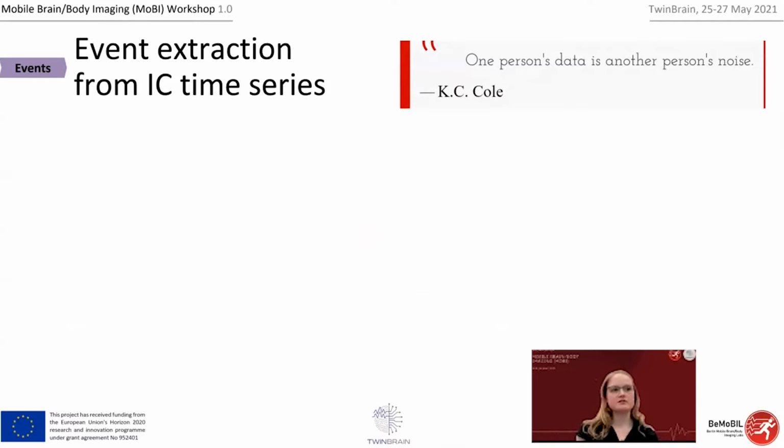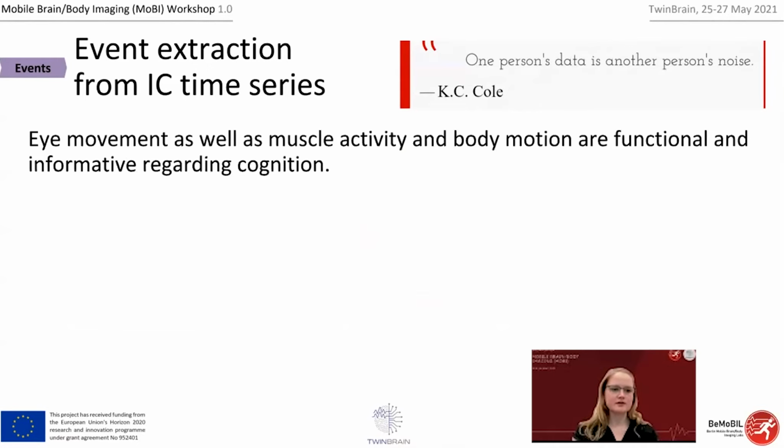Even though we want to record only brain activity, we do record, as we have seen, a lot of other activity sources. So we do have eye movement as well as muscle activity and also body motion that are functional and task related, and they can be very informative regarding cognition.